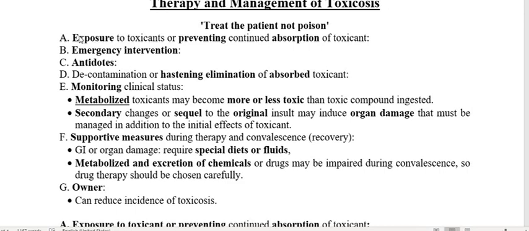So first is exposure to toxicant, and for that we have to check the absorption of the toxicant or poison once the poison reaches the gastrointestinal tract.